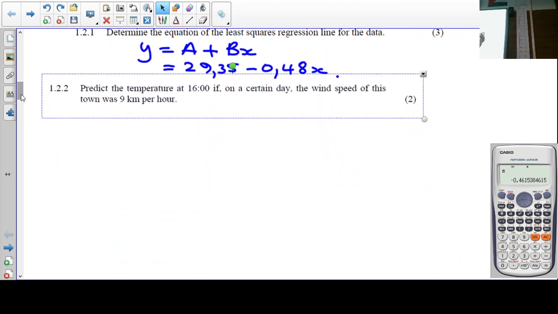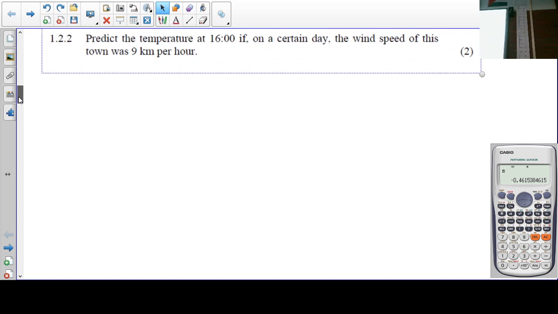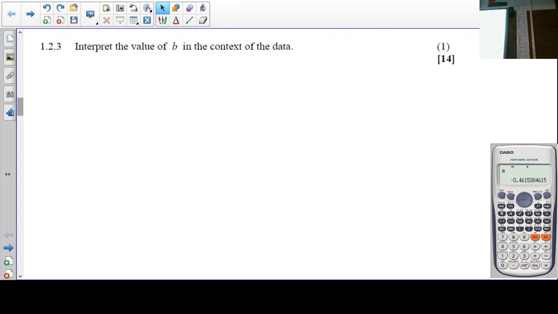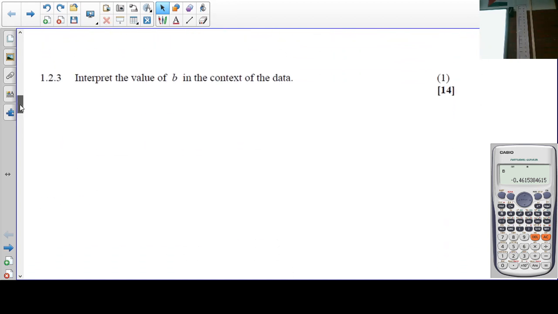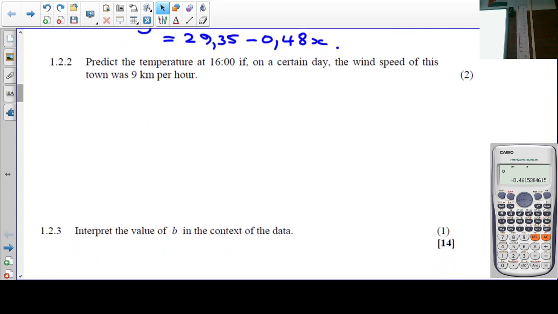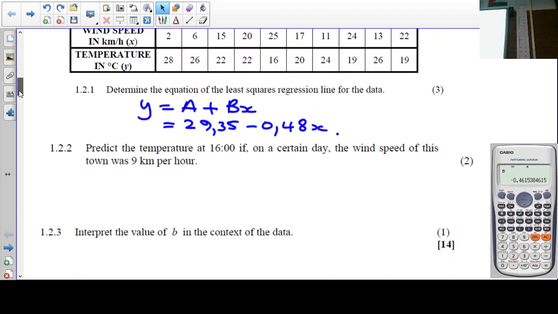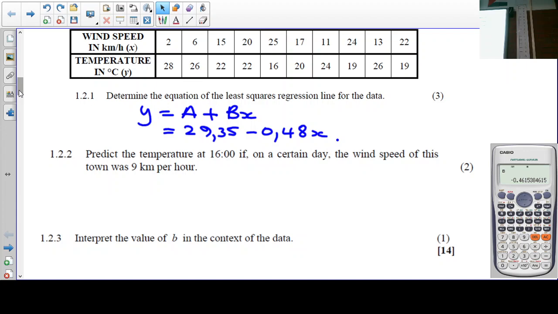Then in question, just pull this up as well. So in question 1.2.2, the question says, predict the temperature at 1600 hours if on a certain day the wind speed, now the wind speed is x here, which is this x thing.